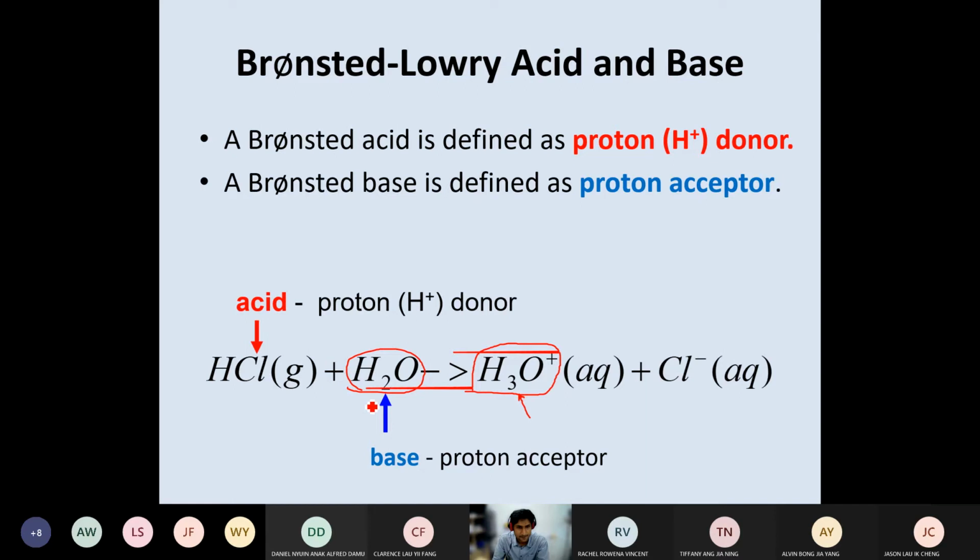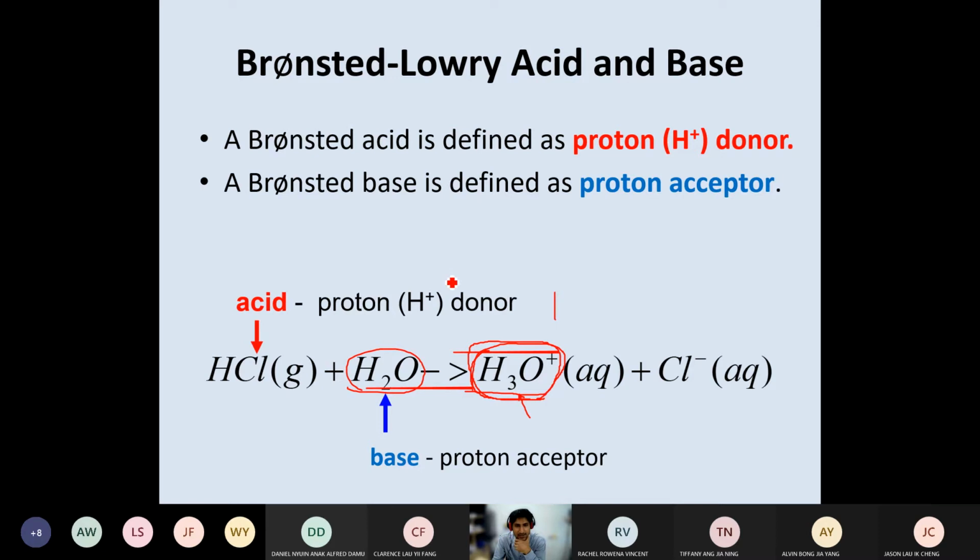So this is the base, the proton acceptor. It is accepting the proton, and then what is after this, water takes up this hydrogen ion, it produces H3O plus, right? H3O plus.